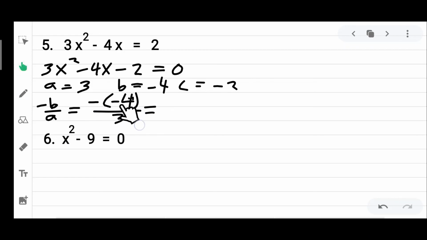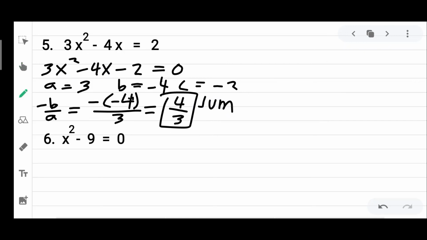So negative times negative 4, the answer is positive 4. Naging positive na. Then, copy over 3. So pwede ba natin silang i-divide? Hindi. So ayan na yung final answer natin for the sum of the roots of this equation.